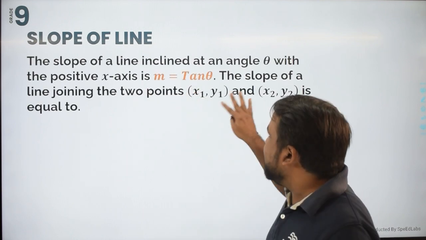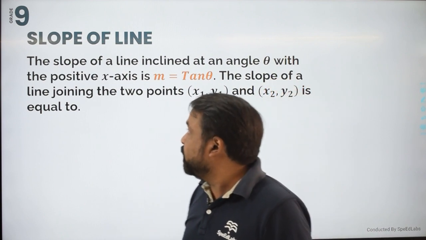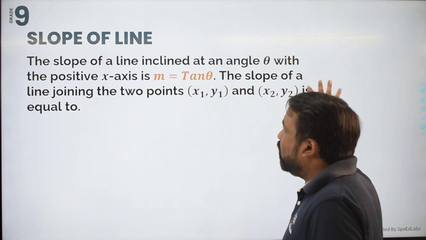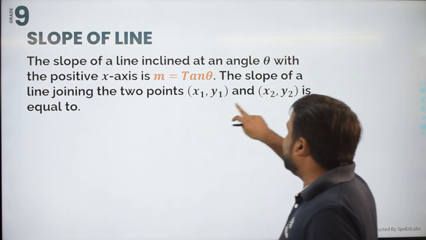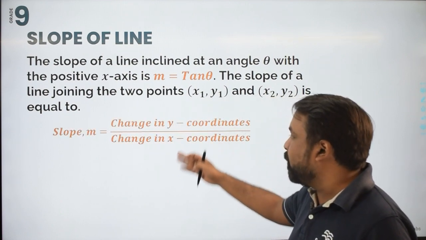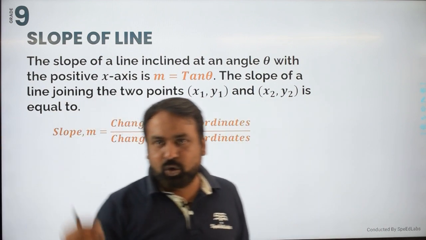The slope of a line inclined at an angle theta with the positive direction of the x-axis is m equal to tan theta. And the slope of a line joining two points (x1, y1) and (x2, y2) is equal to the change in y coordinate upon the change in x coordinate, that is, y2 minus y1 upon x2 minus x1.